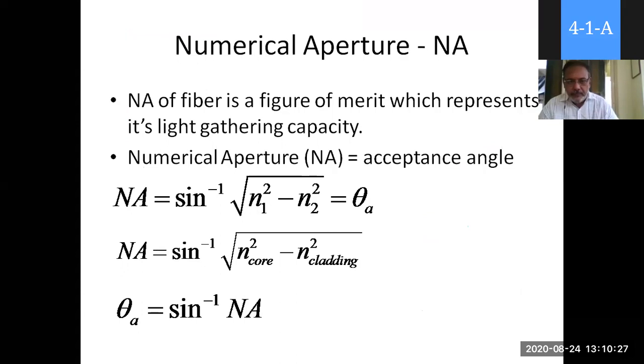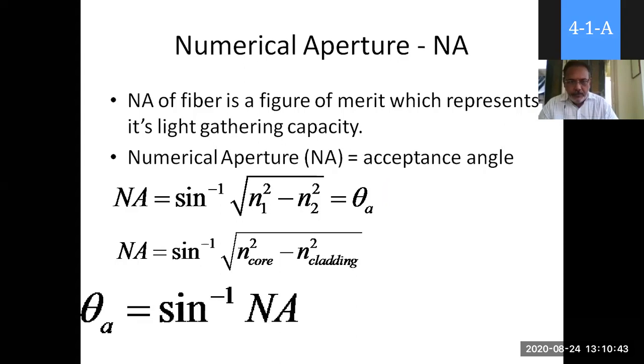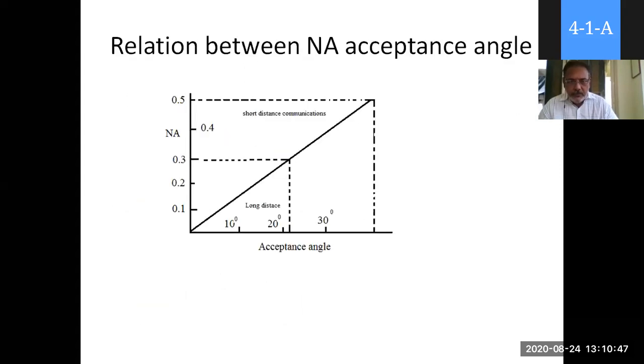NA of fiber is a figure of merit which represents its light gathering capacity. Numerical aperture is related to the acceptance angle.